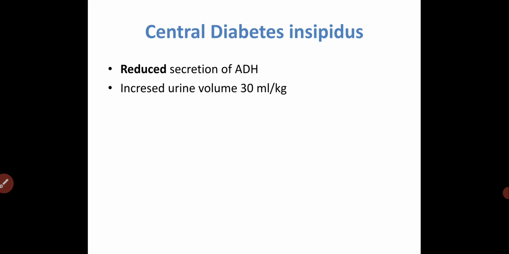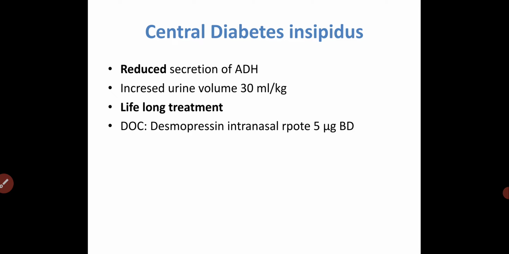Clear this thing? Central diabetes insipidus we already learned in the antidiuretic part 1. There is reduced secretion of the antidiuretic hormone, so there is an increase in urine volume, and the patient needs lifelong treatment. The drug of choice for central diabetes insipidus, as we learned in the previous lecture, is desmopressin by the intranasal route, 5 microgram 2 times a day.